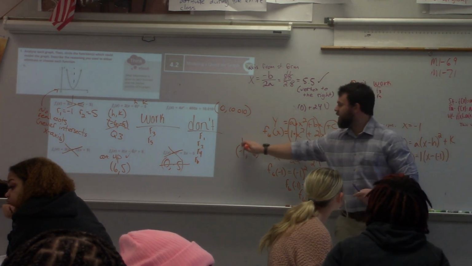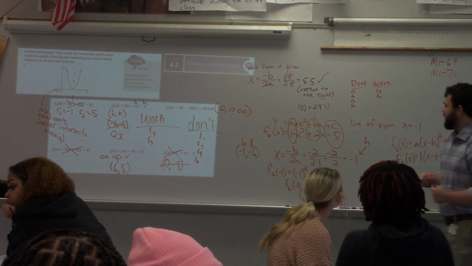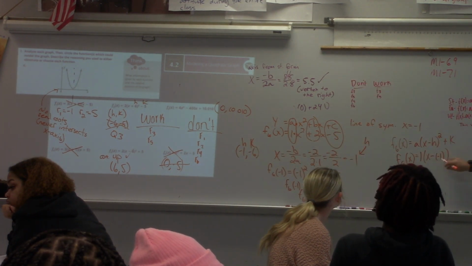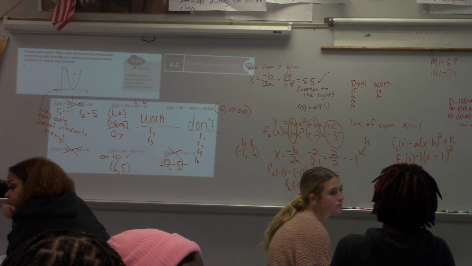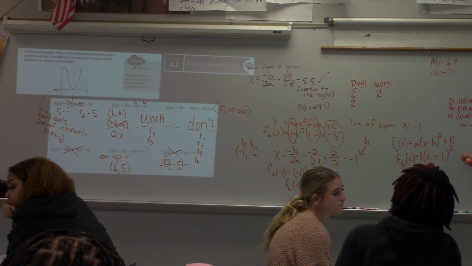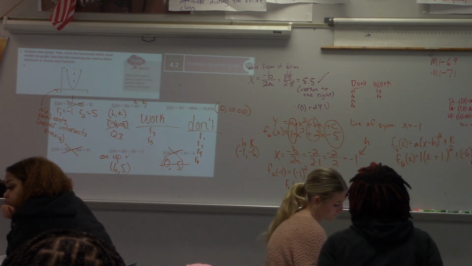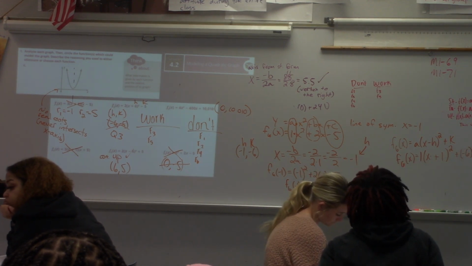We have our h here, we have our k, that's our vertex. When I subtract a negative, it becomes a positive 1, squared, plus negative 6. But what's the more common way to add a negative? Subtract. Just subtract.